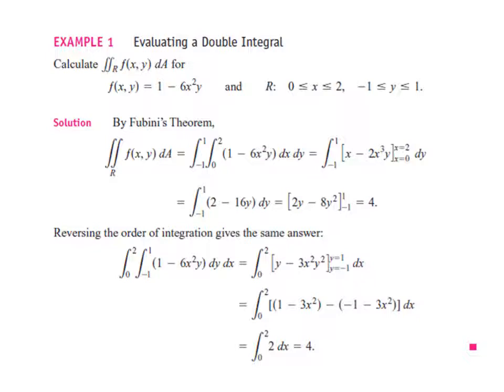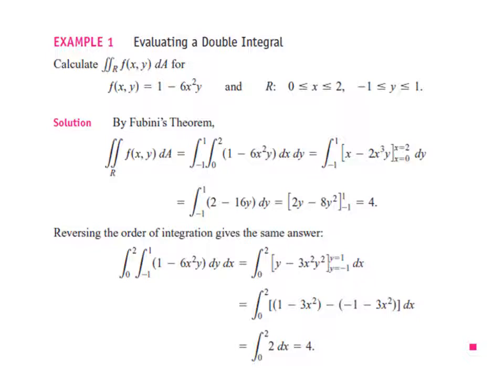So integration of 1 with respect to y is y, minus 3x squared is constant, and y integrates to y squared by 2, the 2 gets cancelled. Let us apply the upper limit 1, then the lower limit minus 1. With upper limit y equal to 1 we get 1 minus 3x squared, minus the lower limit y equal to minus 1 gives minus 1 minus 3x squared, dx. Now integrate with respect to x.